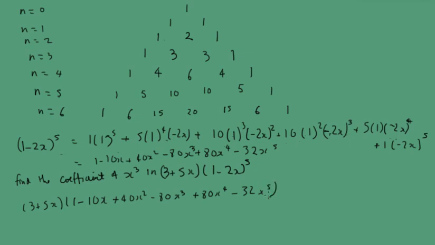Now here we've got to be really careful with our terms. We want to find x cubed, so when we multiply 5x by this term, we'll find x to the power 3.